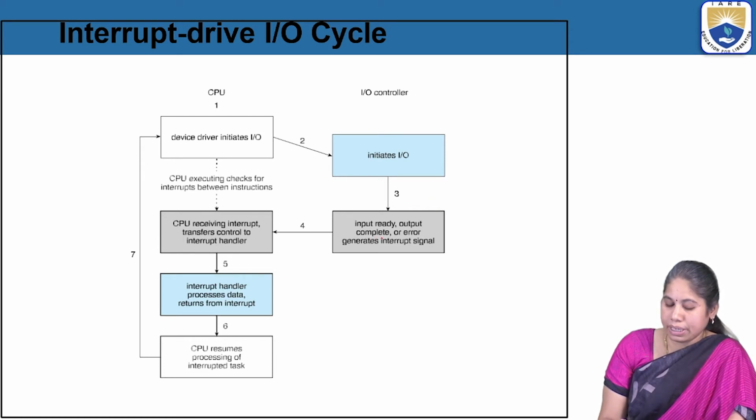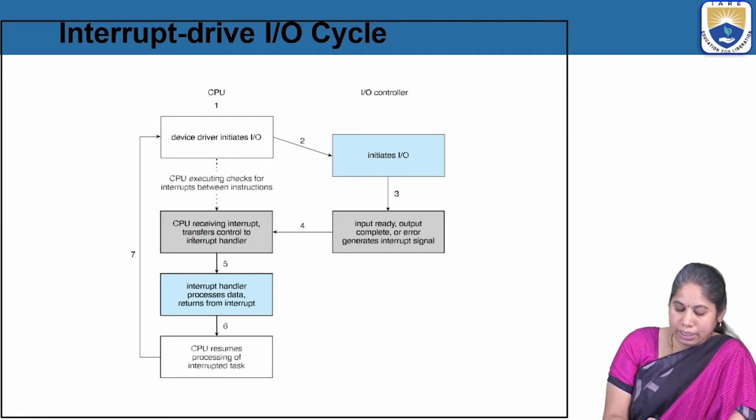Whatever information is asked by the CPU or device driver, if it is ready, output, complete or error, it goes back to the CPU. Receiving the interrupt transfers control to the interrupt handler, which processes the data and returns from the interrupt.